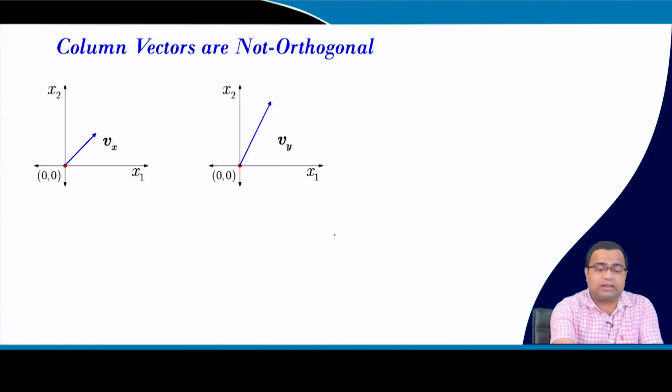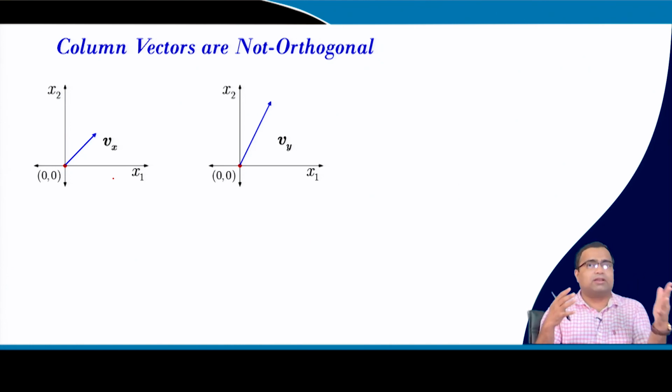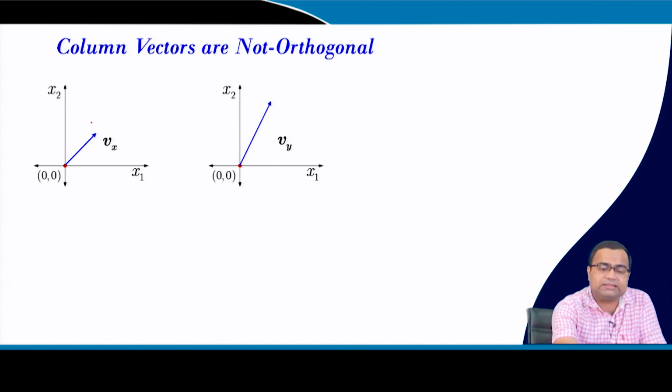So for this particular case, these are the basis vectors. Earlier the basis vectors were along x1 and x2, and those vectors were orthogonal, but now they are no longer orthogonal. Here the basis vectors are Vx and Vy, and we have to represent our initial condition x0 in the 2-dimensional plane using these 2 basis vectors.